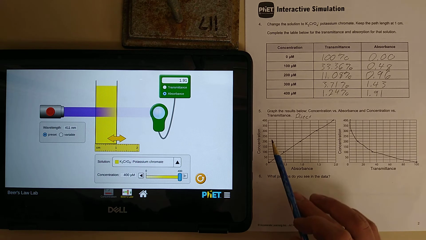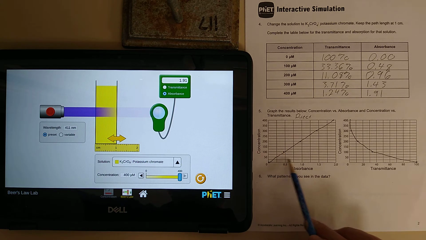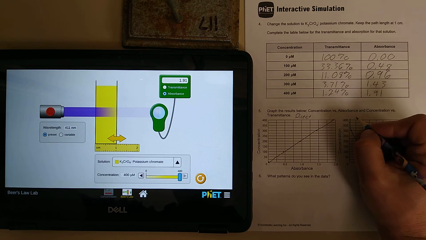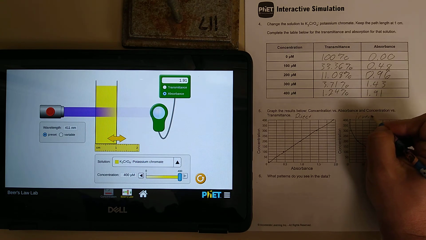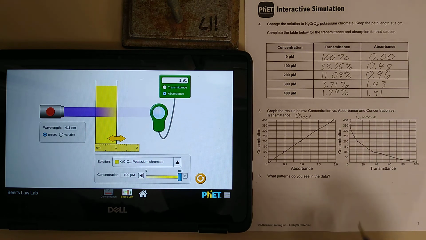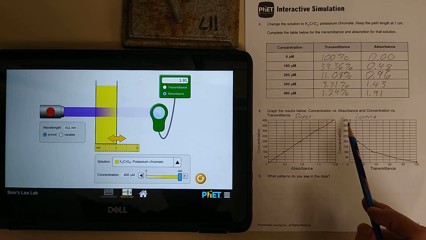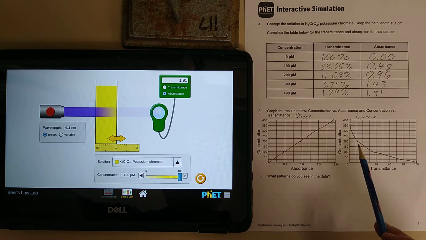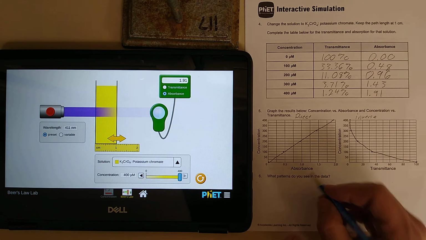The higher the concentration, the more gets absorbed. Inverse is the other way around. The higher the concentration, the less gets through. As the concentration drops, more goes through. Okay.